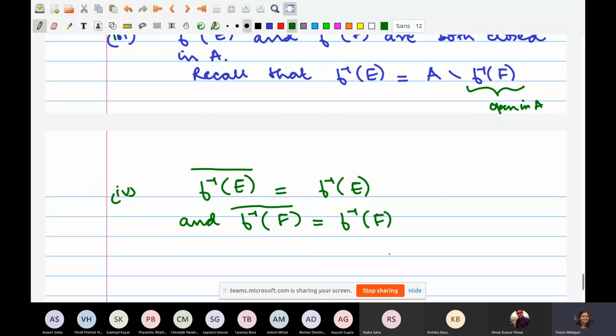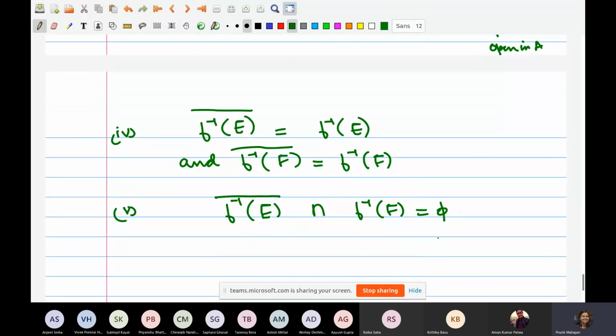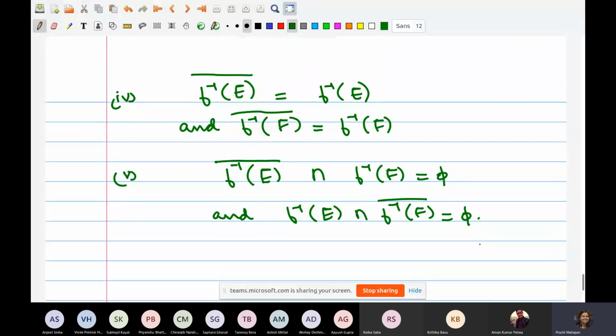And hence, combining the above observations, it follows that these are indeed separated sets. So we have been able to construct a separation of the set A. This contradicts the fact that A is connected, and we are done.